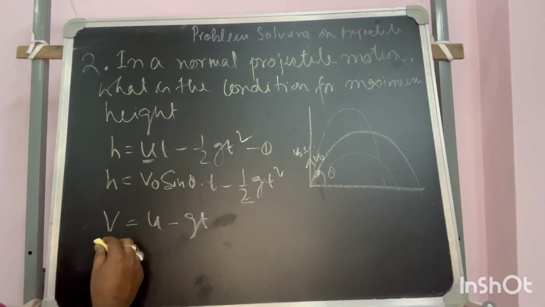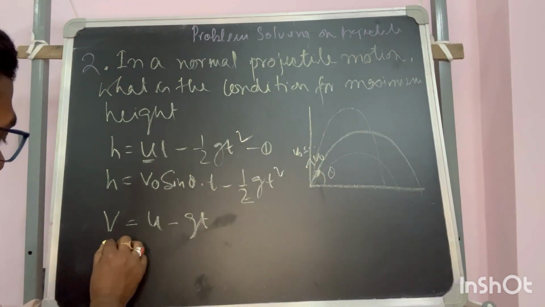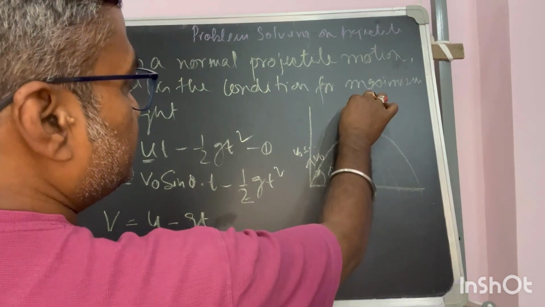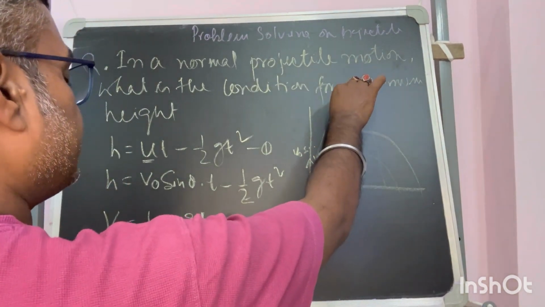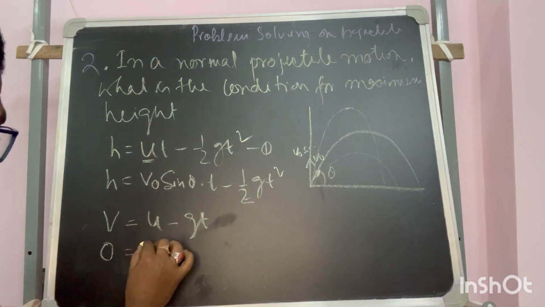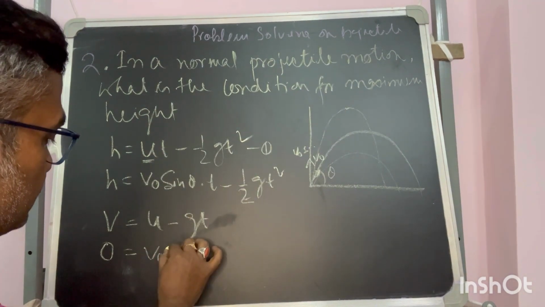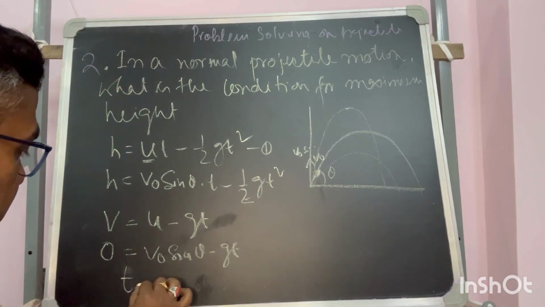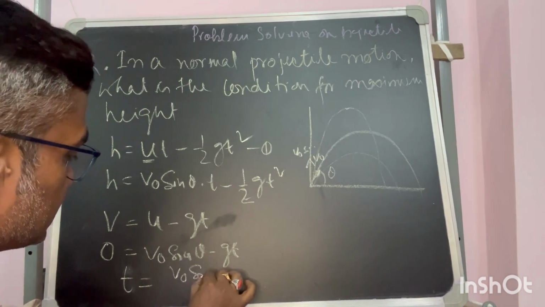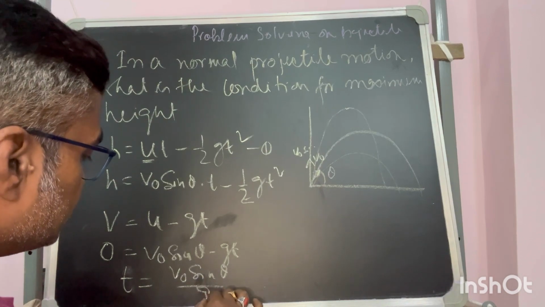So for vertical motion, the final velocity will be 0 because it is reaching the maximum height. On reaching that maximum height the velocity will be 0. So 0 is v0 sine theta minus g into t, so t is v0 sine theta by g.